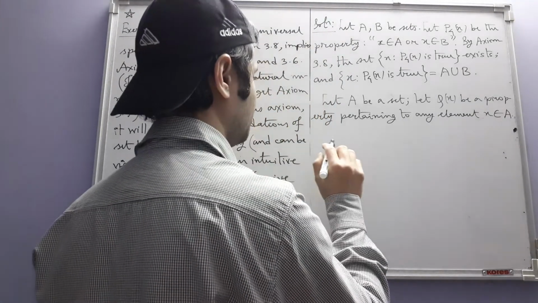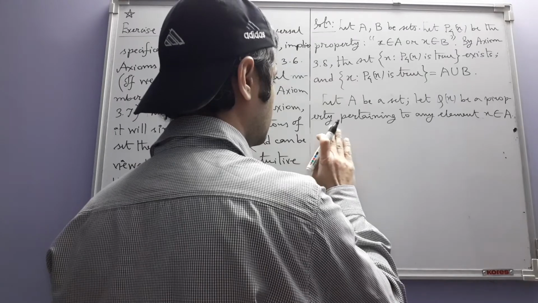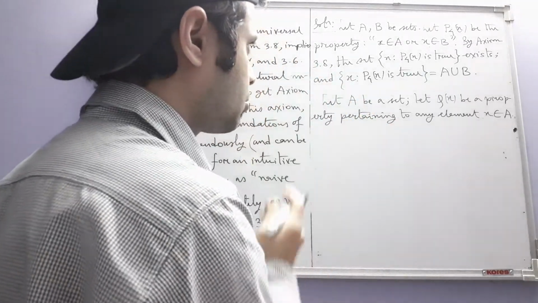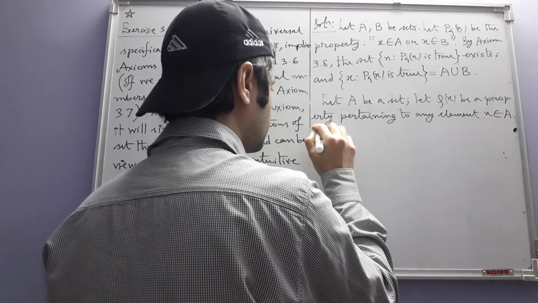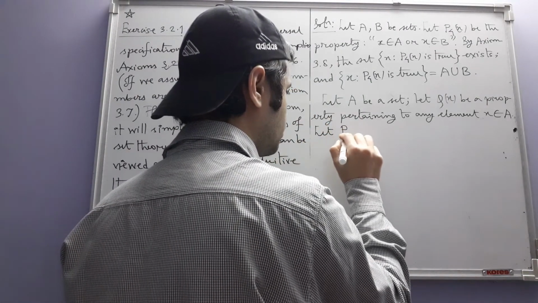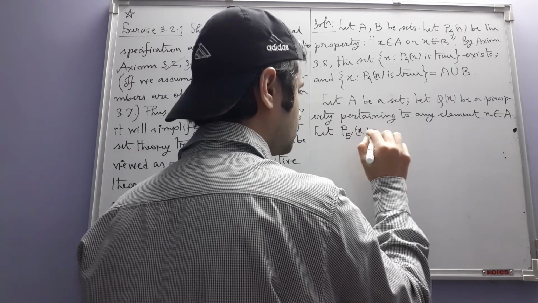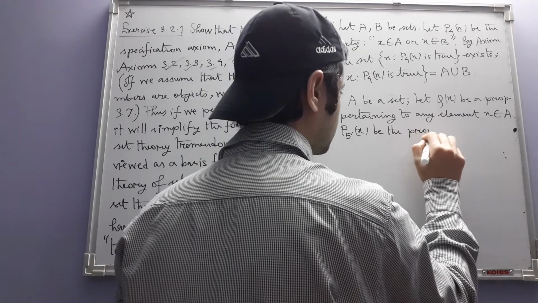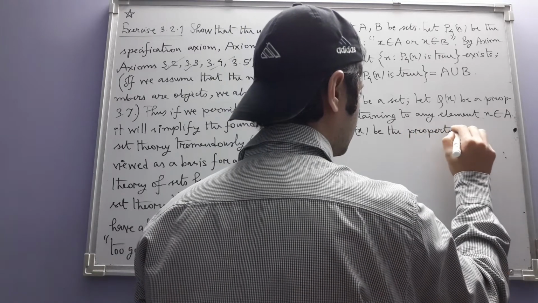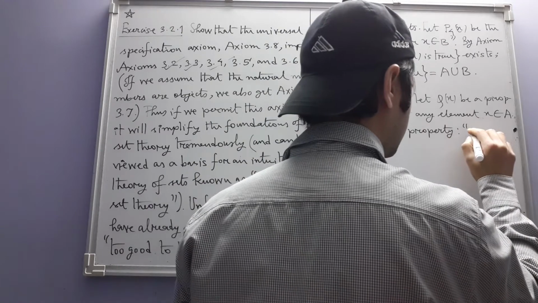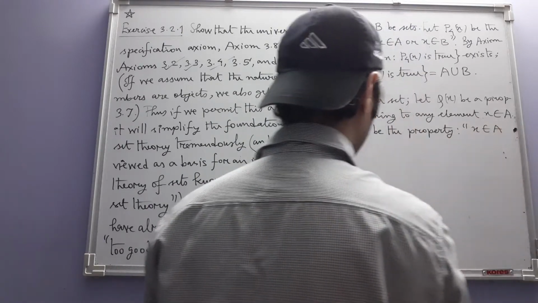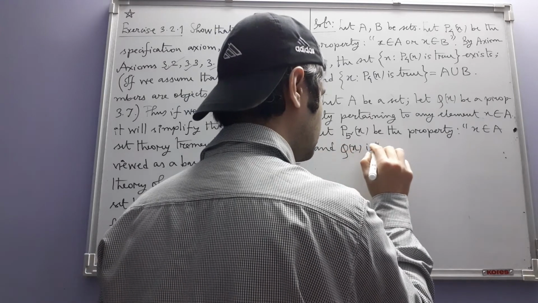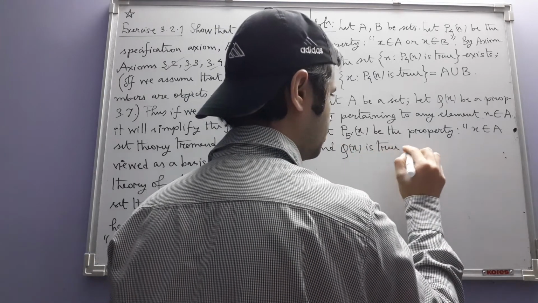Now we define the property that we can use along with axiom 3.8 to conclude something. So let P5x be this property: x belongs to A and Qx is true.